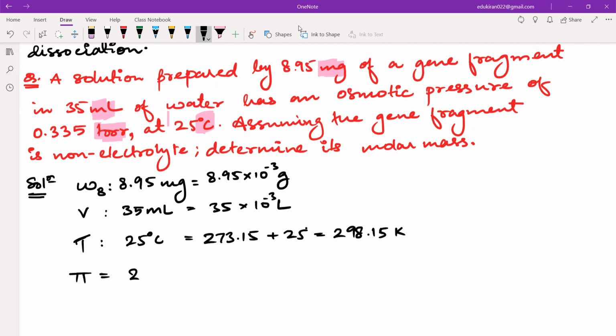Pi is equal to 0.335 torr. Now, who will tell me how to convert this to atm? To convert this to atm, you have to divide this by 760.